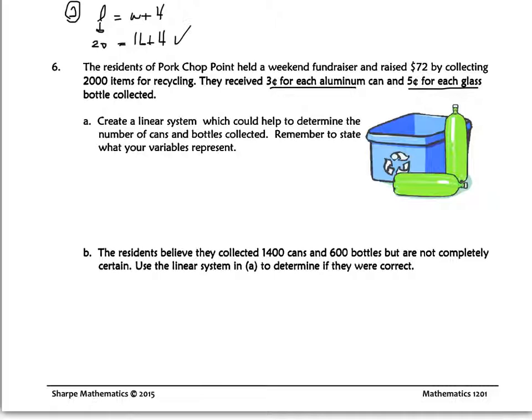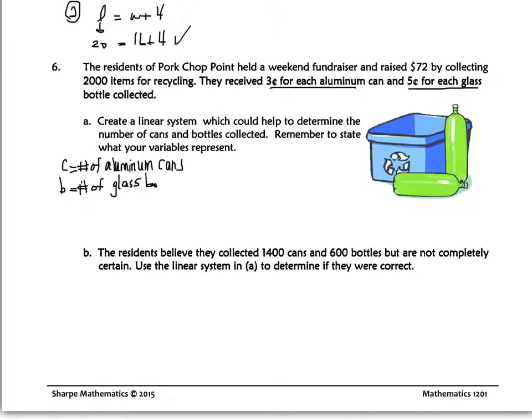I'm going to use C for the number of aluminum cans, and I'm going to use B for the number of glass bottles. It doesn't matter what variables you use.